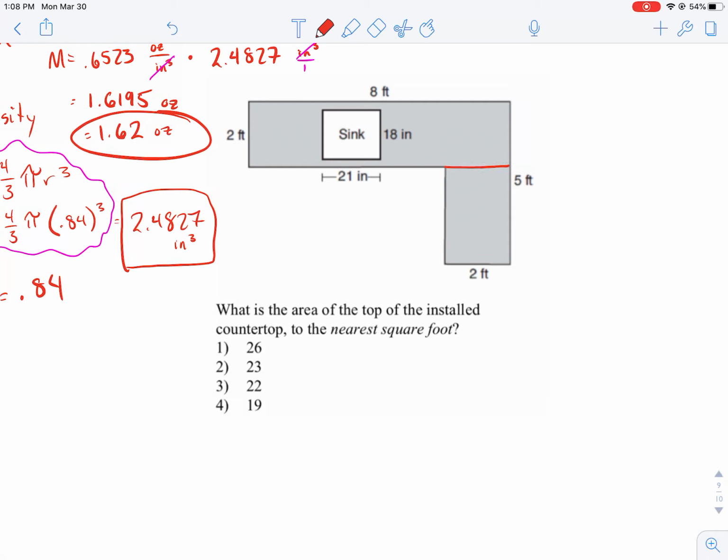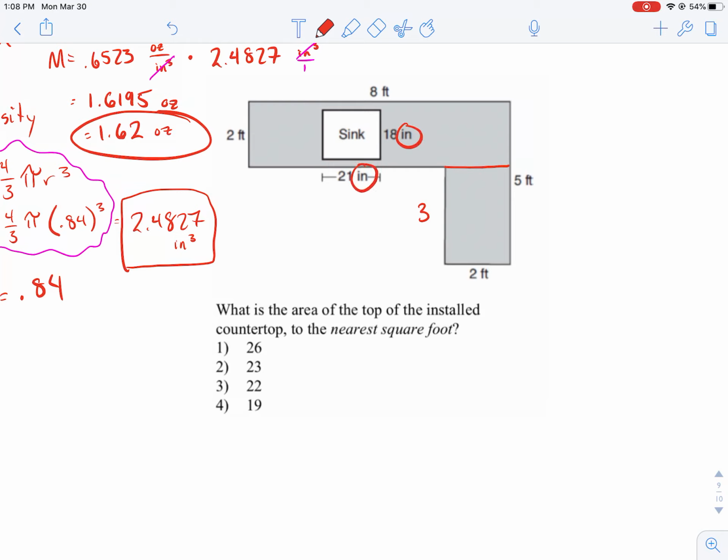So there's a number of ways you could do this. My suggestion is to chop that into two different pieces. So if this distance right here is 2, and this whole piece is 5, that means this length right there is 3.